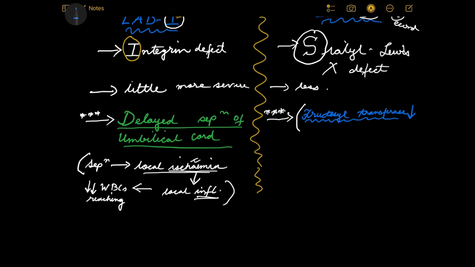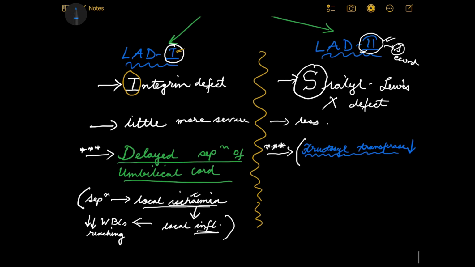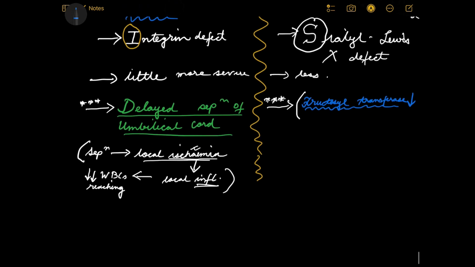Now, this enzyme fructosyl transferase has some other functions as well. That would mean if this is deficient, Cellular X is deficient, but the other functions are deficient as well, and those other functions will translate to the clinical manifestations in Cellular X defect, which is LAD2. So, what are the other functions of fructosyl transferase?